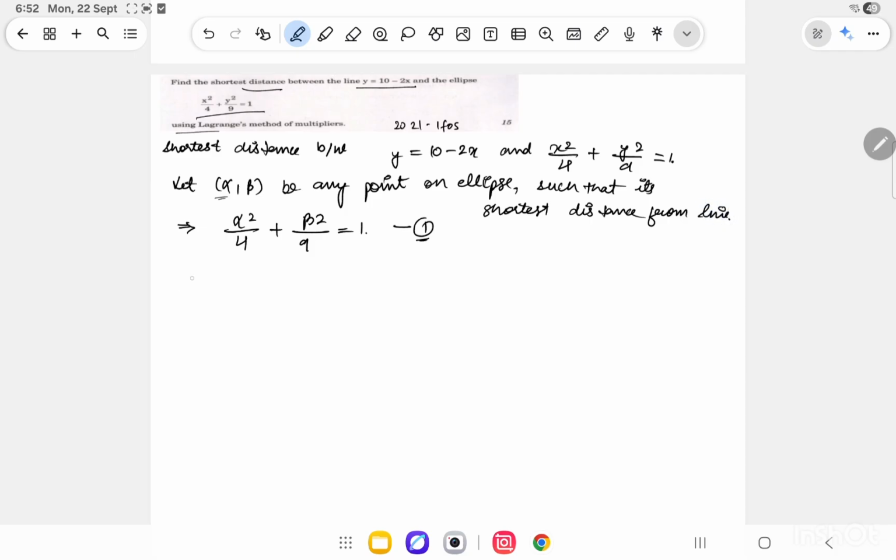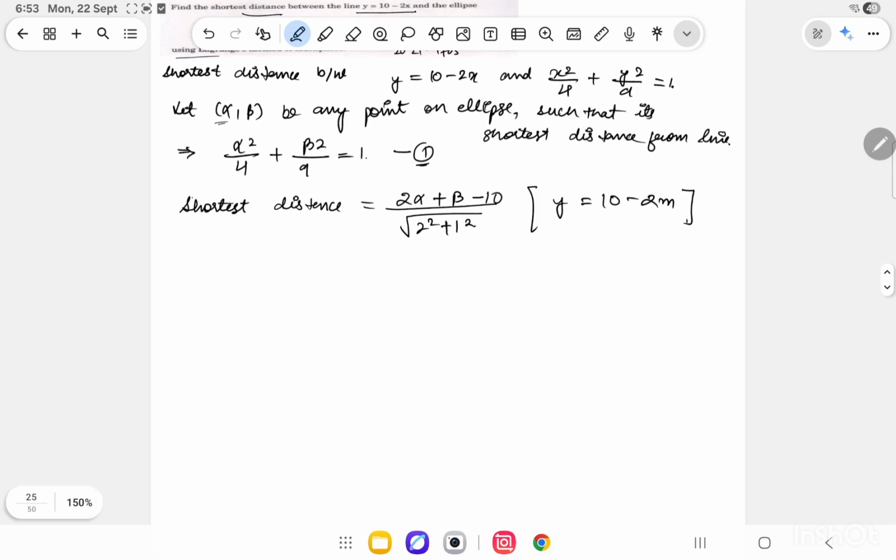So basically the shortest distance will be the absolute value of 2 alpha plus beta minus 10 under root 2 square plus 1 square, because the equation of our line is y equals 10 minus 2x, and you can use the distance formula directly. Now we are just supposed to find the values of this point, alpha and beta.